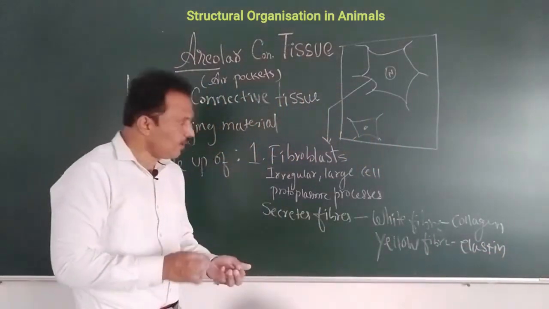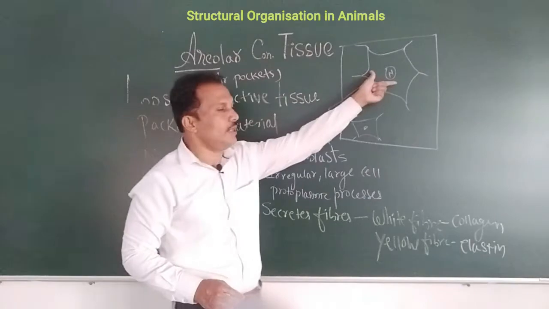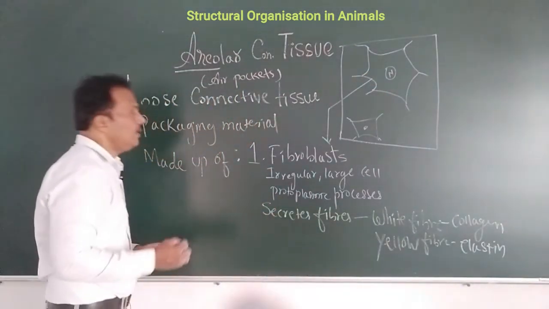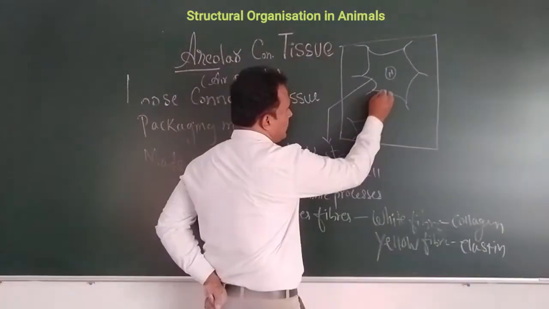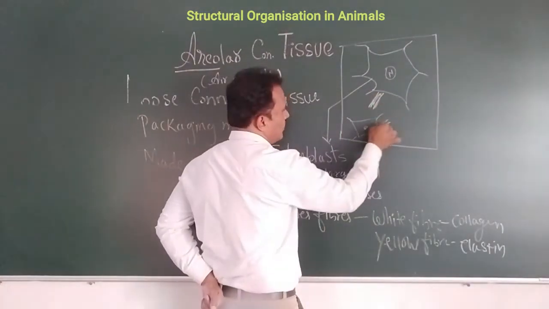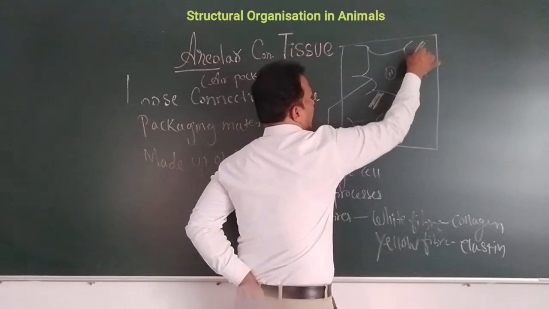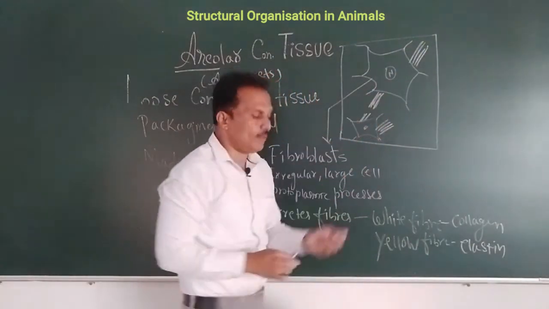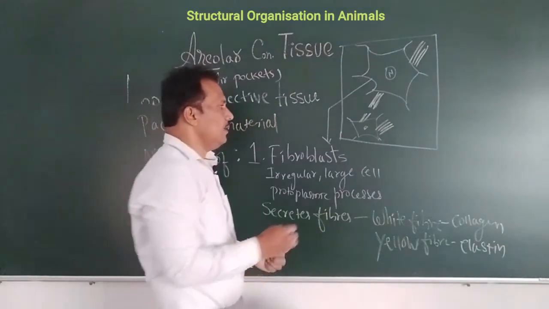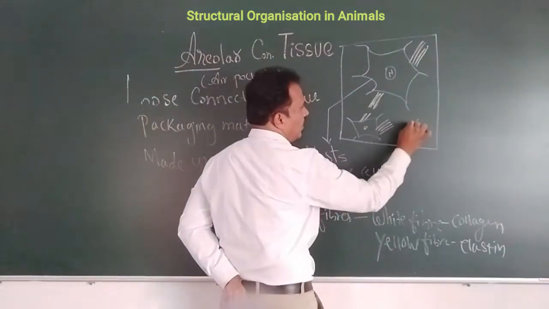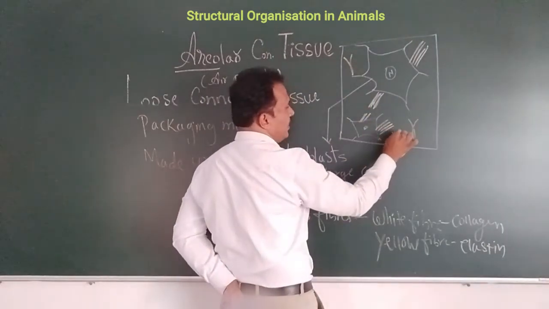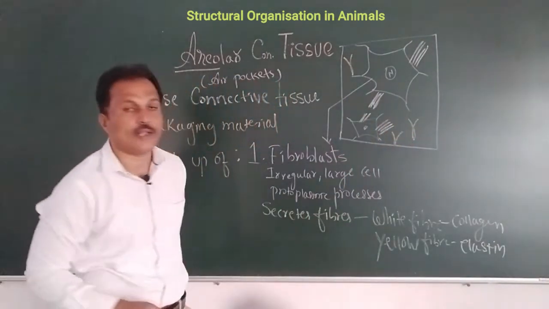So this fibroblast is secreting the collagen fibers. Again I will show here, these are the white color collagen fibers, which remain attached to the fibroblast. Apart from that, single, branched yellow elastin fibers are also seen.